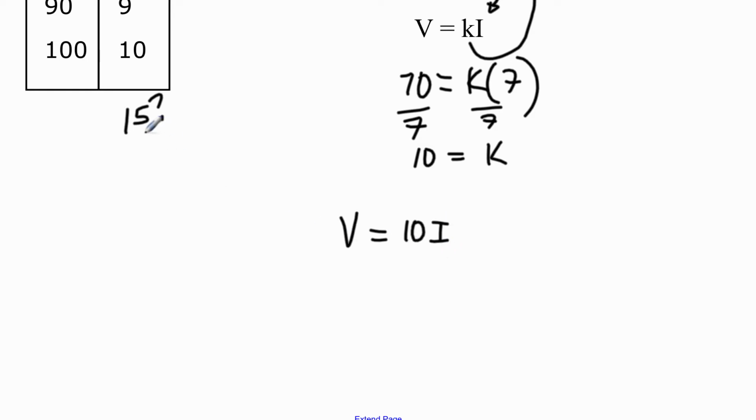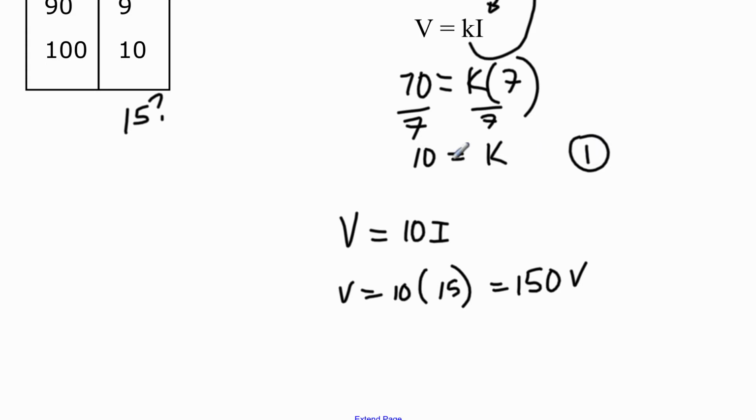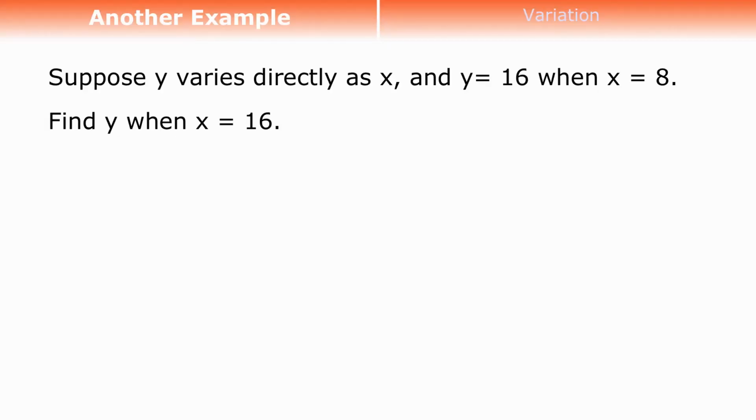So if they tell me that my intensity is 15, I can plug that right where the I is and multiply, and I'll get my voltage to be 150 volts. That's what my voltage would be with an intensity of 15. You get the idea? It's almost like a two-step thing, where first you figure out what the constant is, and then second you use that constant to help you solve another question. I'll do a couple of examples like that.